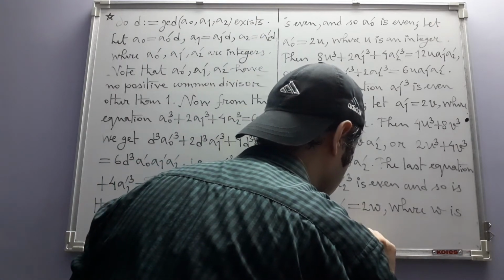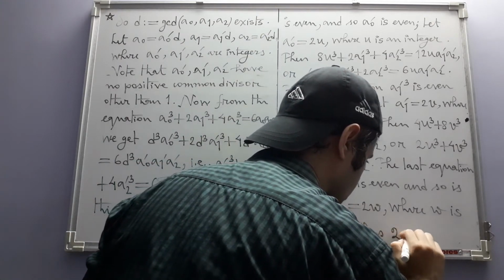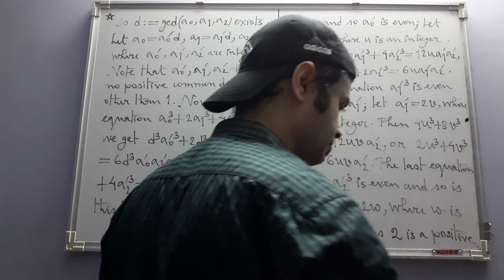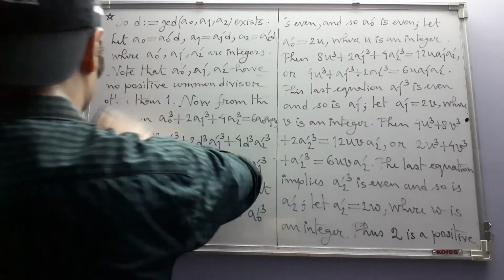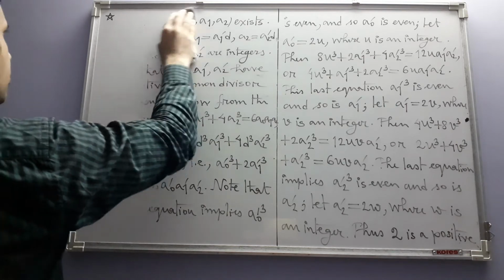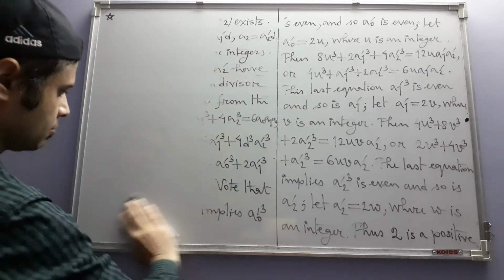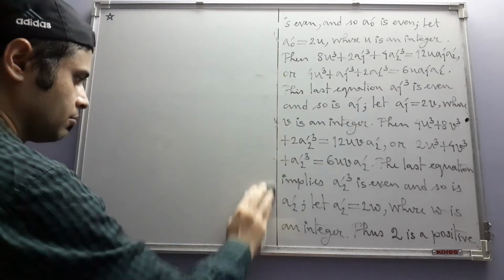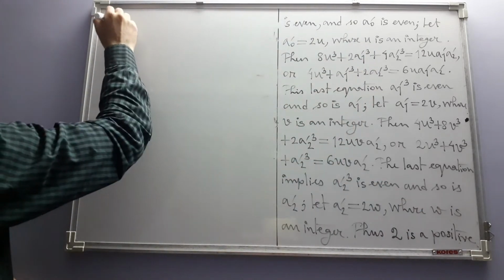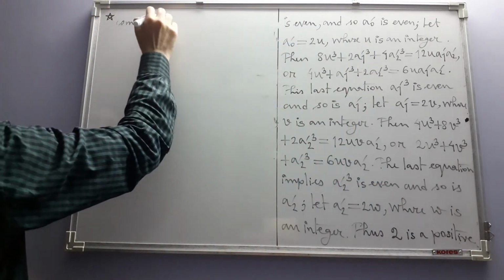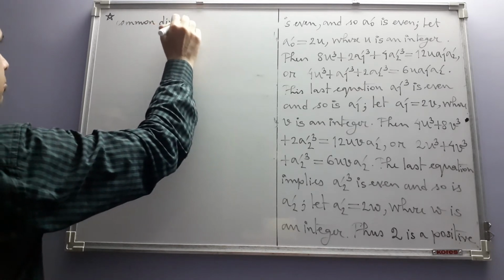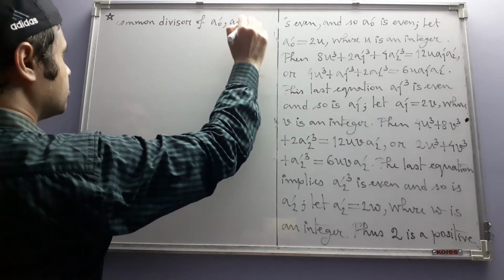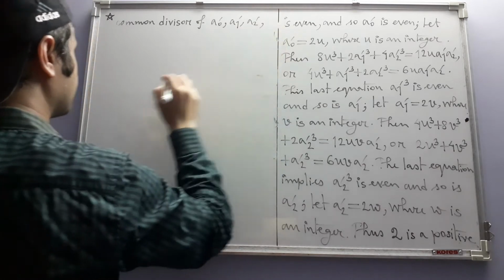So this is a contradiction. Thus, 2 is a positive common divisor of a0 prime, a1 prime and a2 prime, a contradiction.